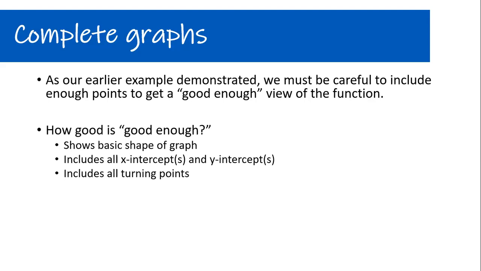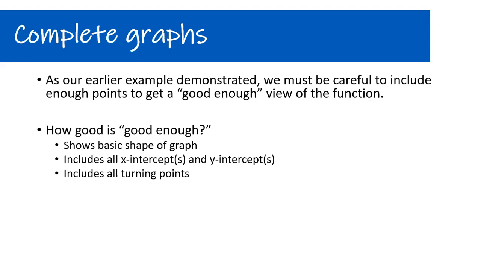In this class, we want to make sure that when we're looking at graphs we see the full basic shape of the graph, okay? If the tails are going off to infinity or negative infinity, then we've done our job. We know what that graph is doing. We also want to make sure that we show all x-intercepts and all y-intercepts, so anywhere those points hit the x or anywhere they hit the y.